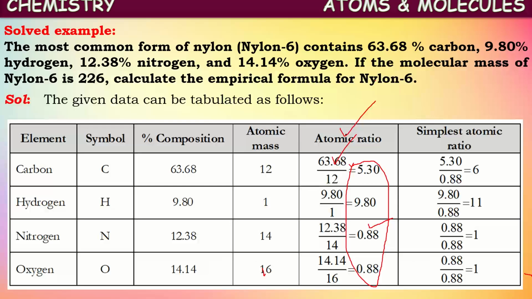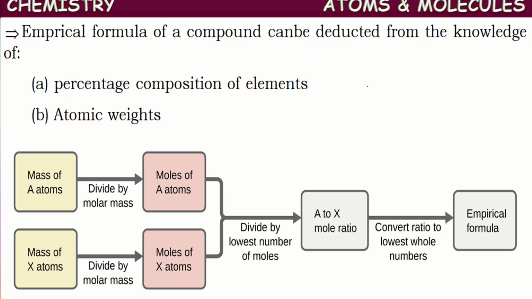First of all, we need to find the masses of the substances with the help of percentage compositions. If we don't know the masses of composition, a formula is there: number of atoms into atomic weight by total molecular weight into 100. We get the percentage composition. Percentage composition expressed in grams gives the mass. That mass divided by the atomic weight gives the molar mass, nothing but atomic ratios.